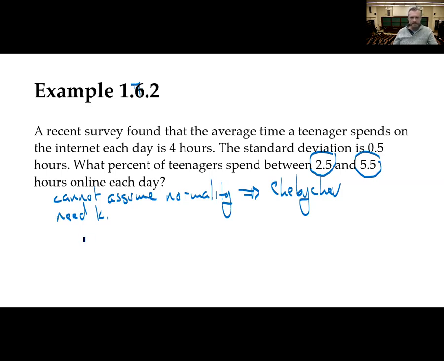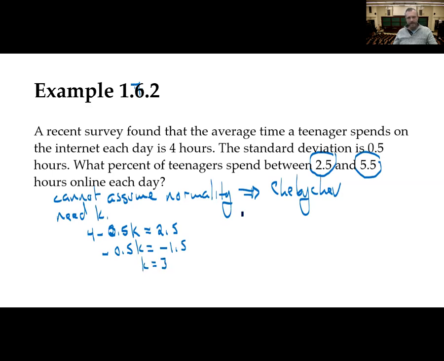So if you take the mean and subtract a certain number of standard deviations, the standard deviation is 0.5. So 4 minus how many 0.5s is going to give me 2.5? Well, if you solve this, a little algebra here, subtract 4 from both sides, you're going to get k equals 3.